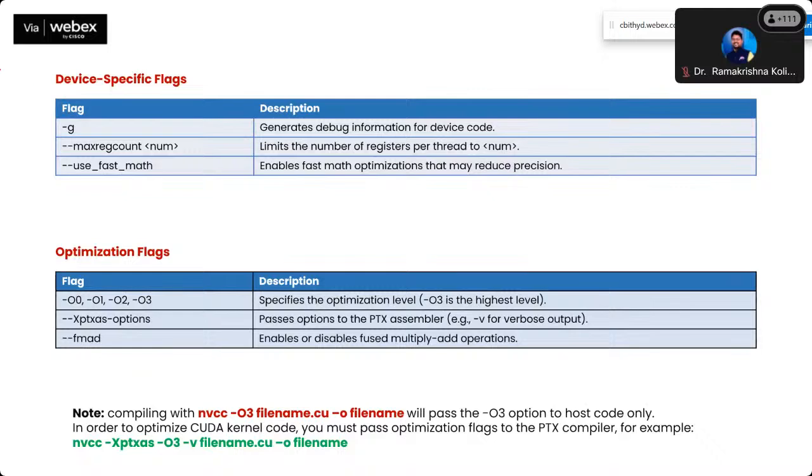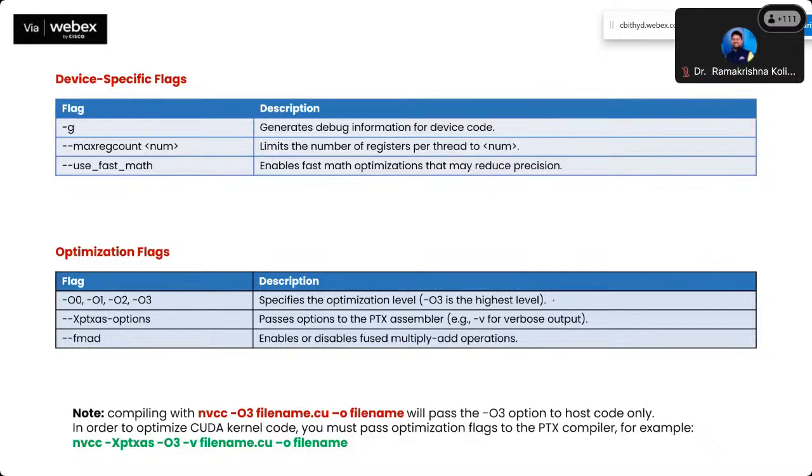Next is the optimization flag. You can see here, O indicates the optimization, and the number represents the level of optimization. O1 is the simplest level, and O3 is the highest level of optimization.